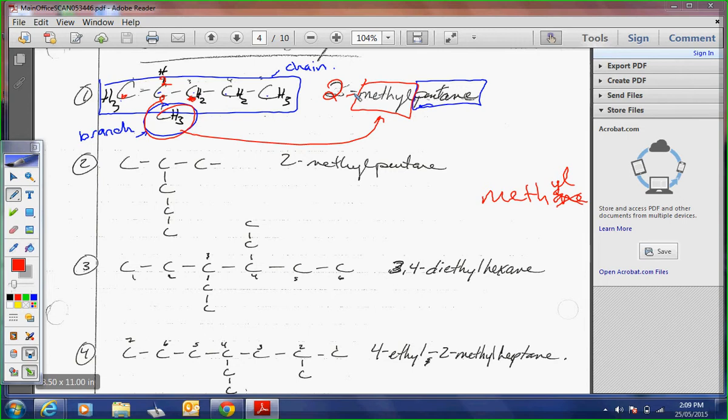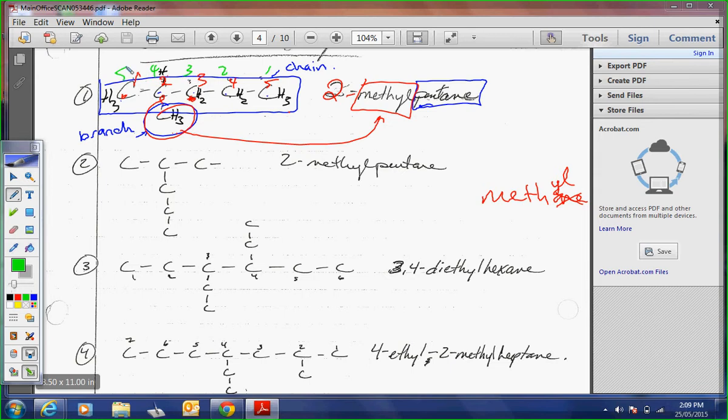Okay, so this is how you change it to sound like the proper speaking terms. Number 1, you find your longest continuous carbon chain. Number 2, you identify your branches. Number 3, you number your chain from left to right, 1, 2, 3, 4, 5, or from right to left, 1, 2, 3, 4, 5.